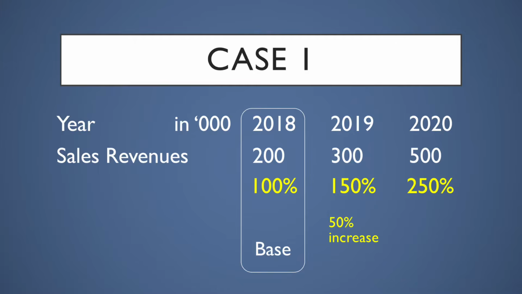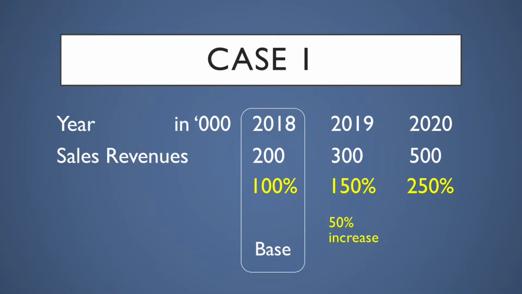Again, we are going to express every other year in reference to the base year. So if we are asked about the increase or decrease in the sales revenue, we can simply arrive at it by deducting 100% from these percentages. 2019, there is a 50% increase from 2018.